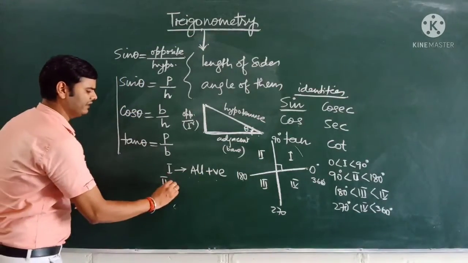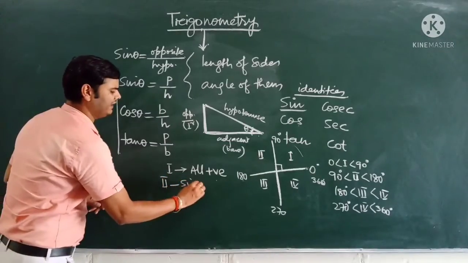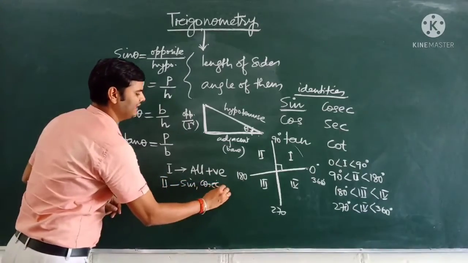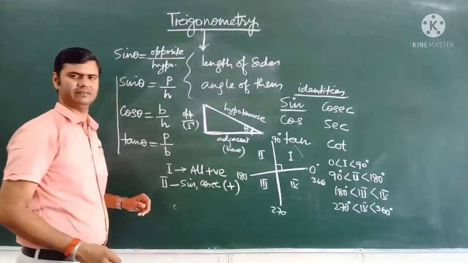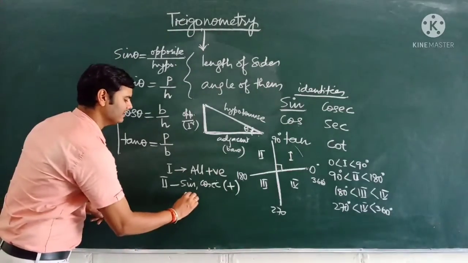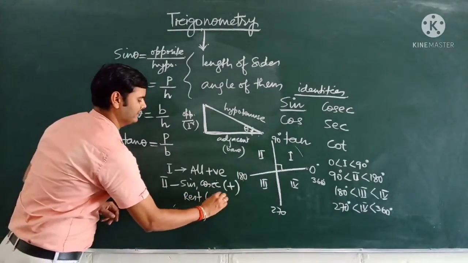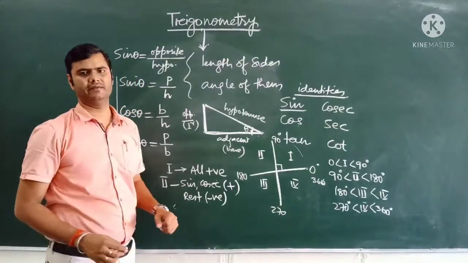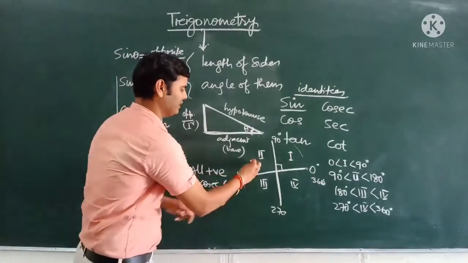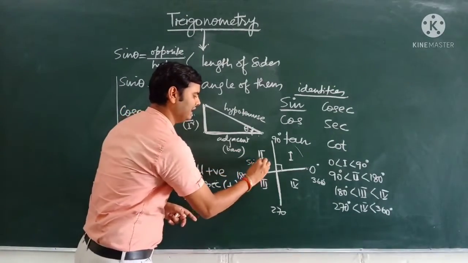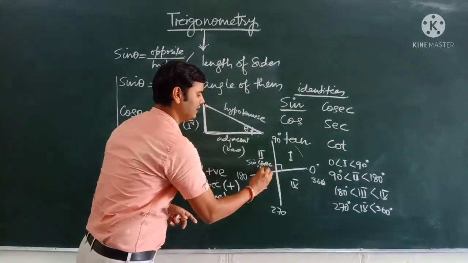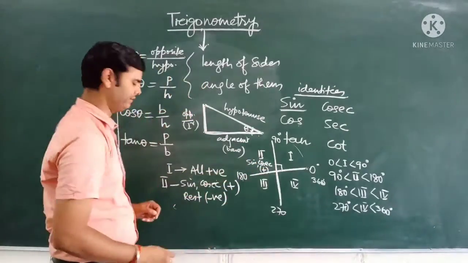For the second quadrant, sine and its reverse, cosec, are positive, and the rest, all 4, are negative.